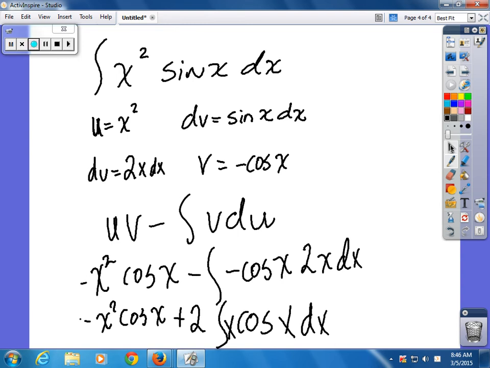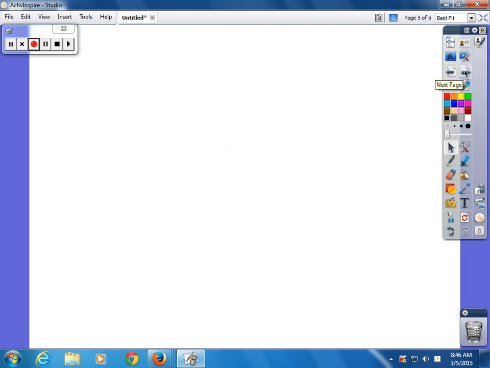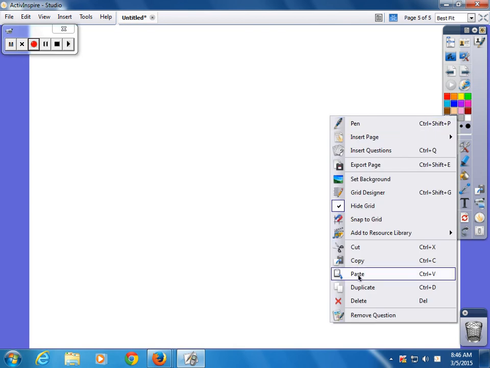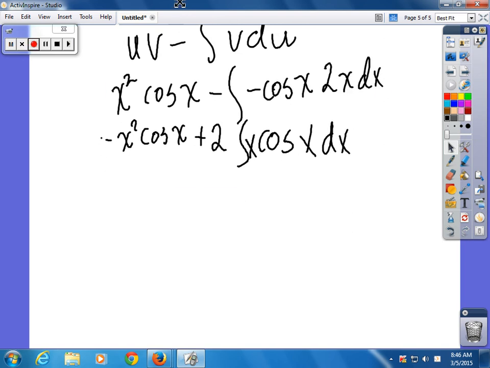And let's see if we can copy that. So u is equal to x. dv is equal to cosine of x dx. du is equal to dx.